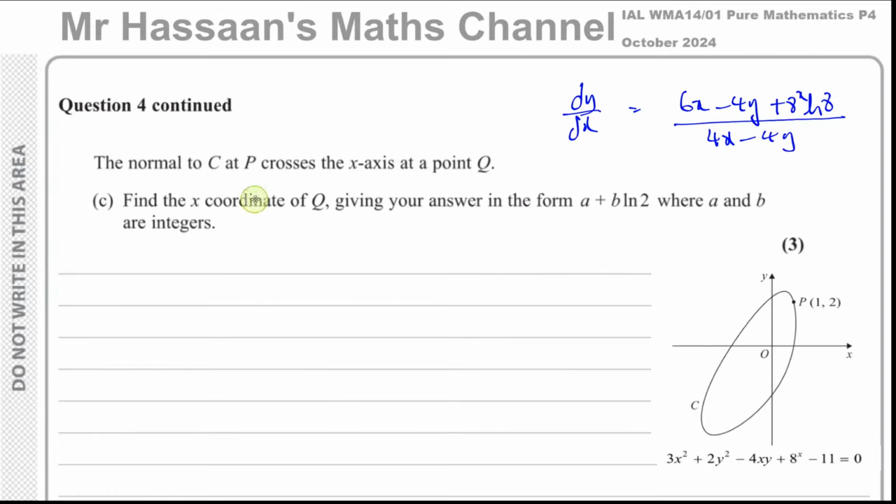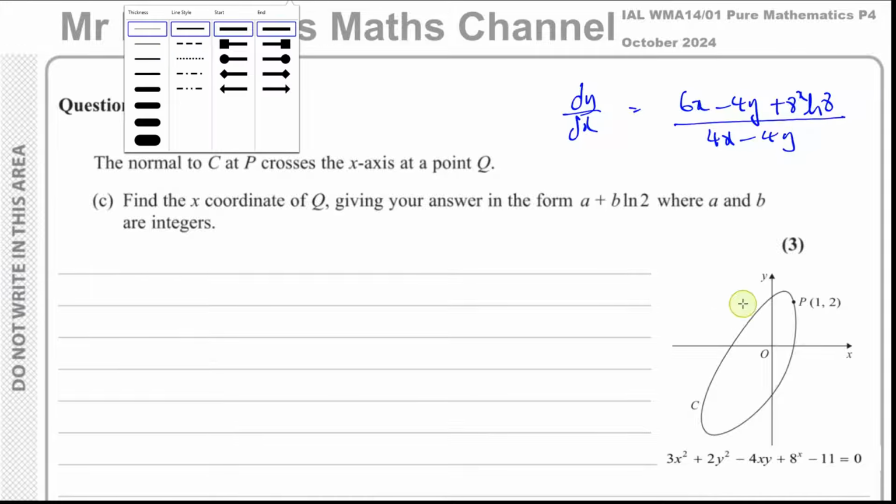Okay, so it says the normal to C at P crosses the x-axis at a point Q. Find the x-coordinate of Q, giving your answer in the form a plus b ln 2, where a and b are integers. Okay, so the normal to a curve is a line which is at right angles to the tangent to the curve.